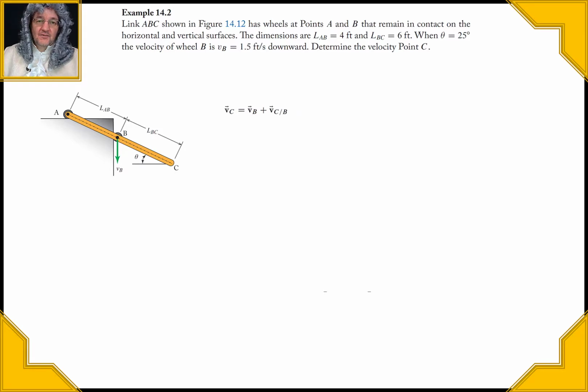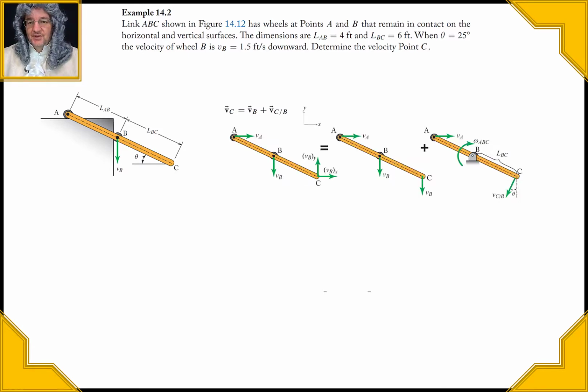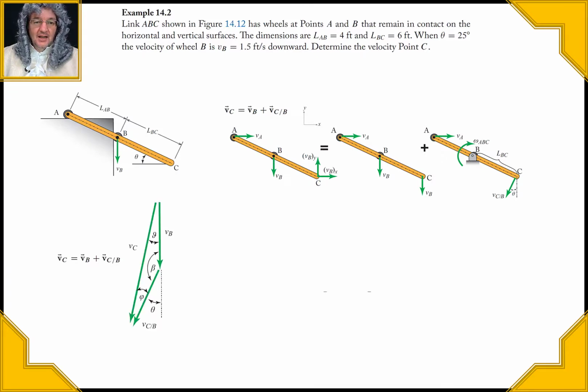And now for the vector triangles for the point C, a little bit more complicated. I'm using the velocity diagram here to try to arrange this. So we write the thing out and take a look. We know the velocity of B, and we know that it's going downwards, and we know the angle that it has to go.